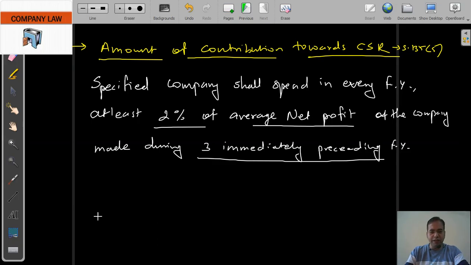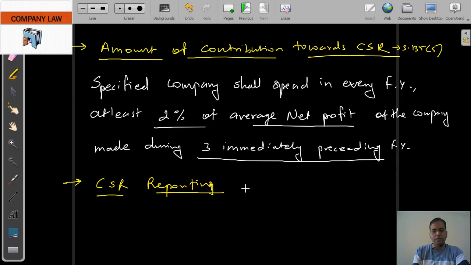After that, CSR reporting. The CSR reporting should be made under the board's report.